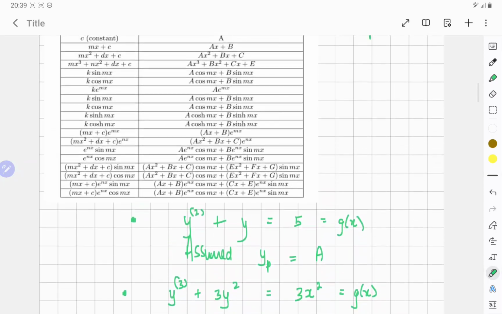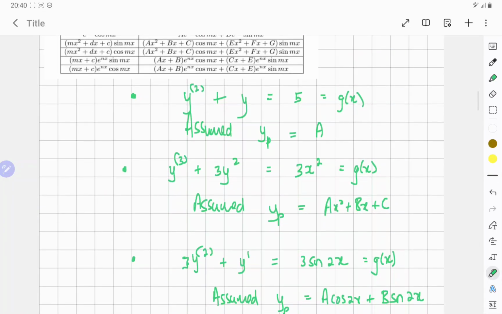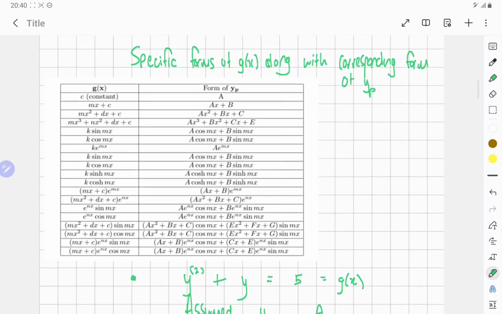Now let's look at the next example. The specific form of g(x) here is 3x squared. There's our differential equation equal to g(x), 3x squared. Now, as you can see, that's a polynomial. Hence, the assumed solution of y particular will be a polynomial.